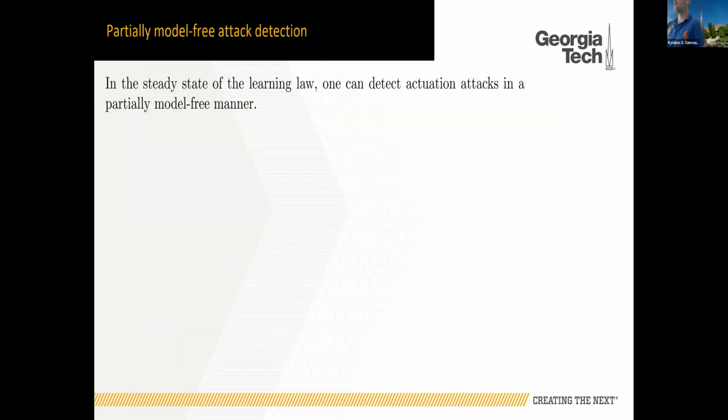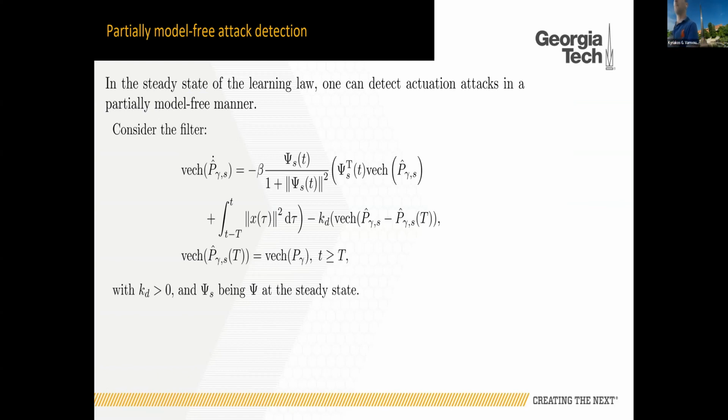As I said, remember that in the steady state of the learning law, I can also detect actuation attacks that can happen in a partially model-free way. Let's say the attacker doesn't want to be stealthy, but in the steady state I want to develop an intrusion detection mechanism. So I will have a filter, and I would check if this gives me some erroneous measurements.